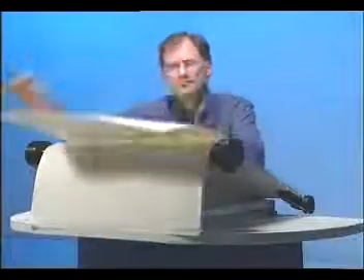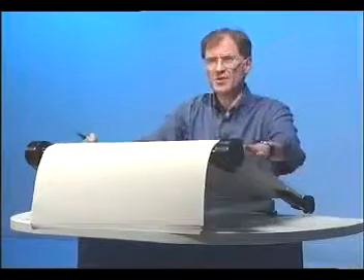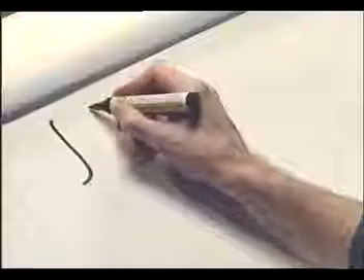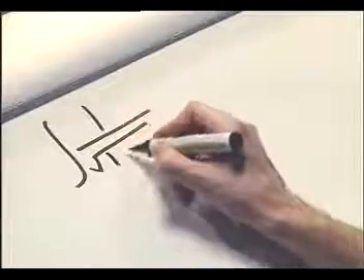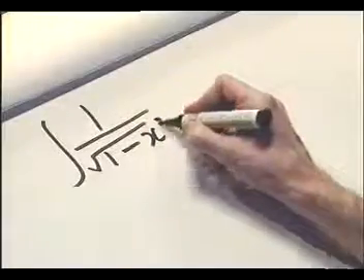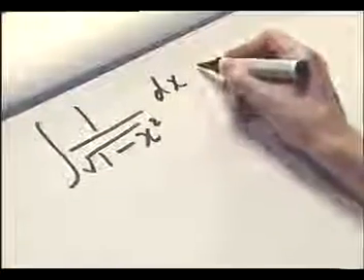Now we're going to look at some rather more complicated ones, but they are worthwhile remembering because they can save an awful lot of work if you can identify them. These are connected with the inverse trig functions. So we have the integral of 1 over the square root of 1 minus x squared with respect to x.